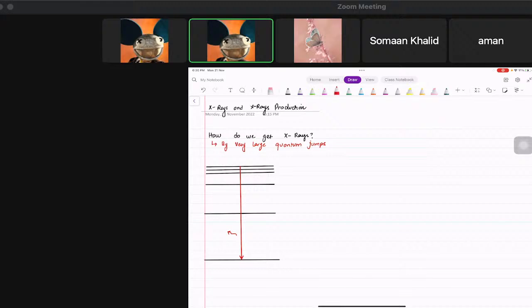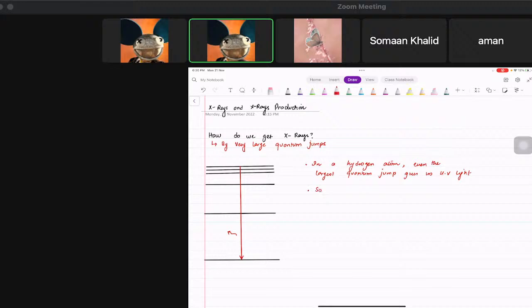So we should understand that in a hydrogen atom, even the largest quantum jump gives us UV light, and in terms of photon energy, UV has less energy compared to X-ray, so we need some other material.